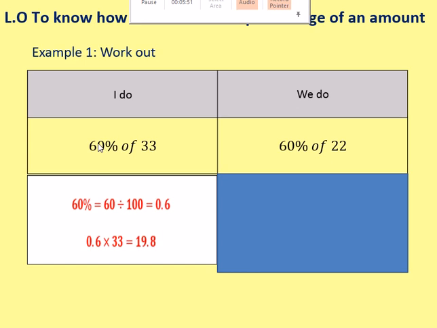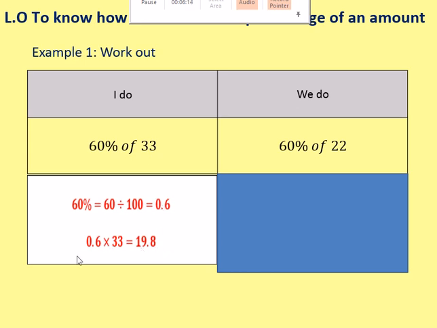So 60%, we take 60, divide it by 100 to get 0.6. And then we simply do 0.6 times 33, and we get our answer of 19.8. So 60% of 33 is 19.8.